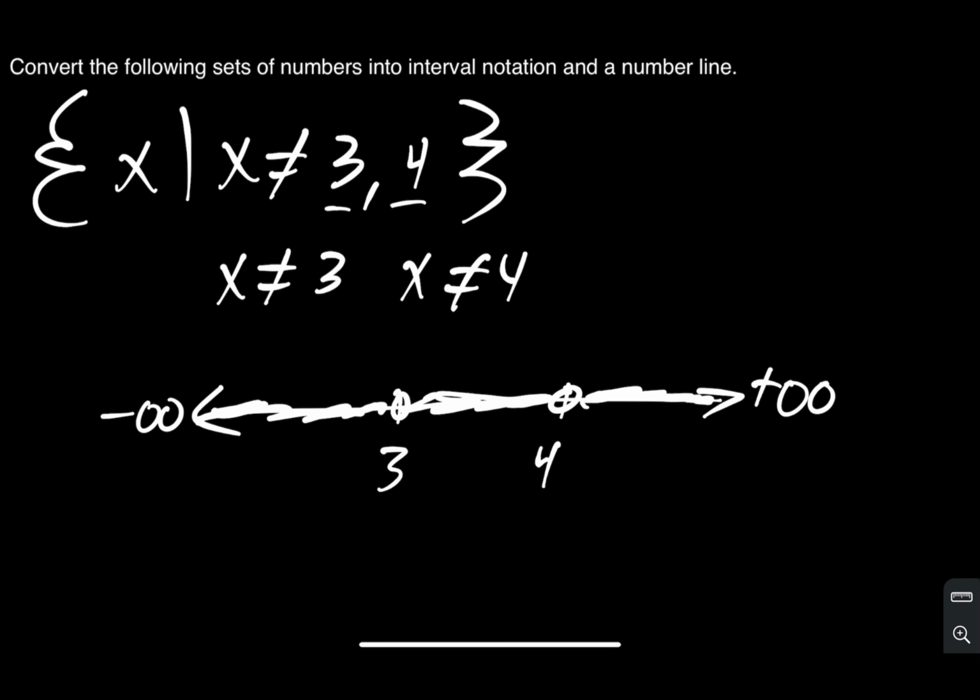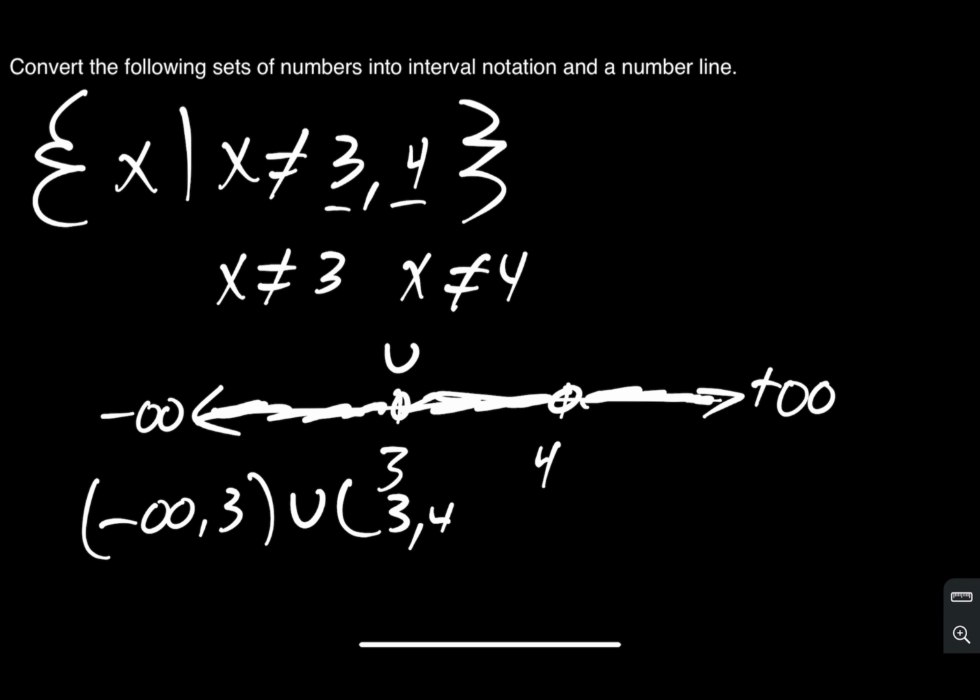So let's start from left to right. We have negative infinity, comma 3. Infinities we can represent with parentheses. And since 3 has a hollow point, a hole in the graph, we have to represent that with a parentheses. And since there is a hole in the graph, we have a point where x cannot be a certain value. We use a union symbol to unite those regions since we have a gap there. So union, and then comma, and we have the values 3 and 4.